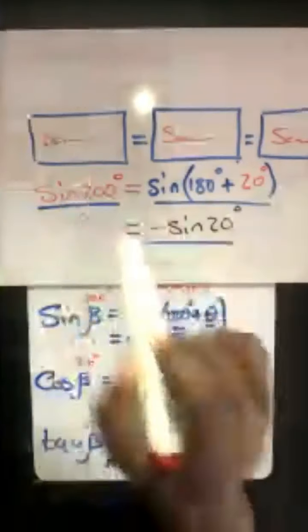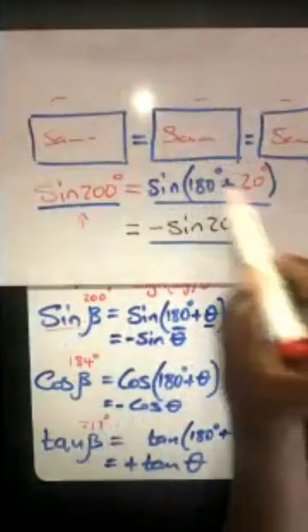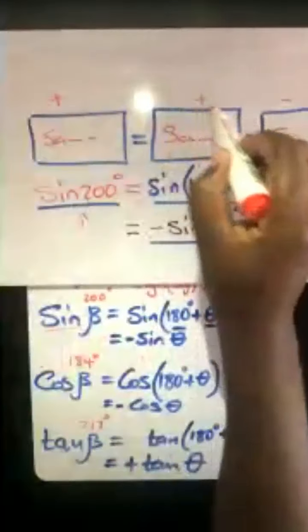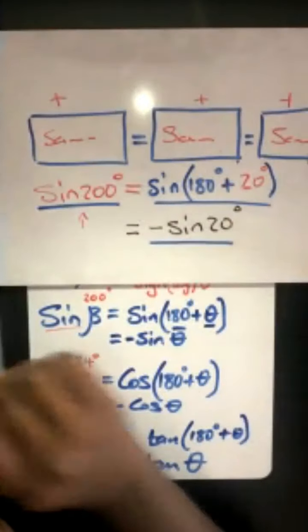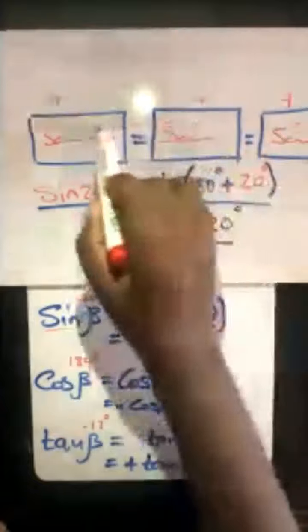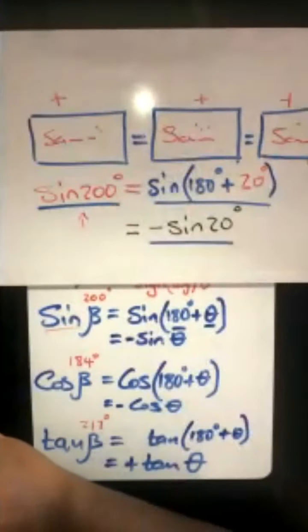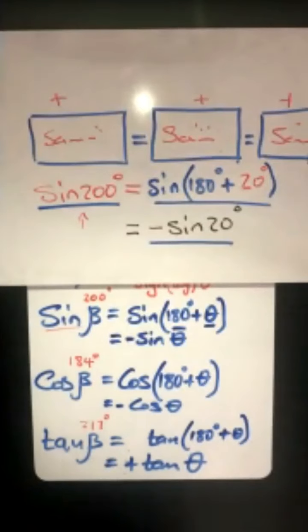If you get a negative answer here, it has to be a negative answer there. If you get a positive answer, it has to be a positive answer everywhere. But if for some reason you get a negative answer here and a positive answer there, then you know you made a mistake somewhere. And in most cases, it is the sign that you got wrong.